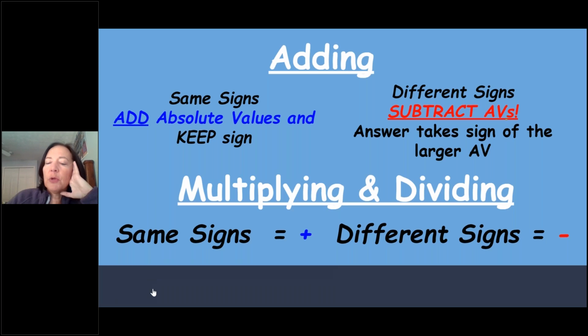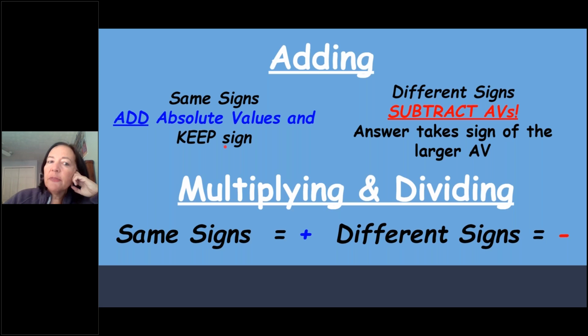After I turn off the recording in just a second, I can go back, because there's one more set of rules that is not on this screen. When we're adding numbers and we have a negative involved, if the two signs are the same, we're going to add the absolute values and keep the sign.